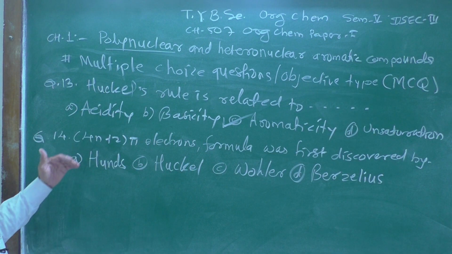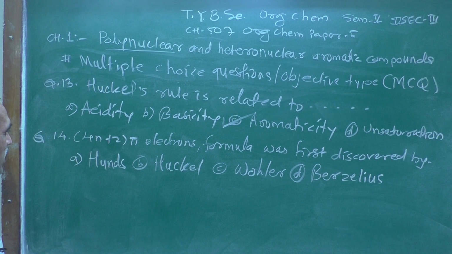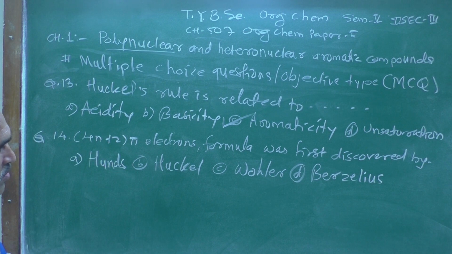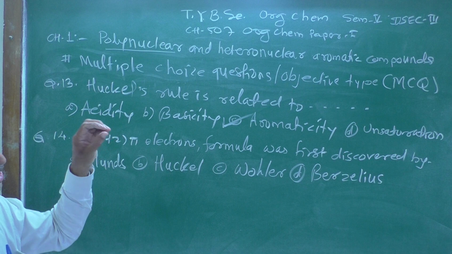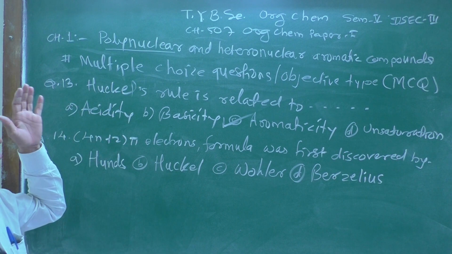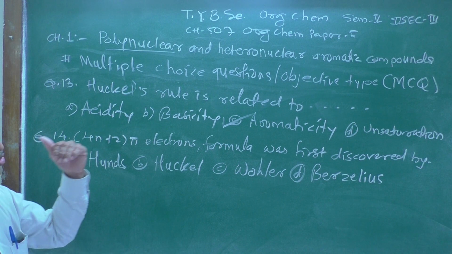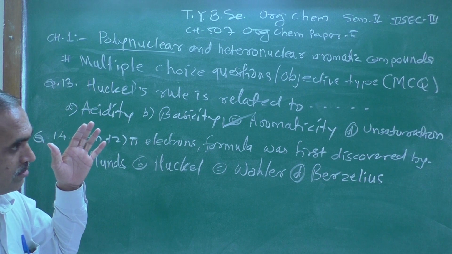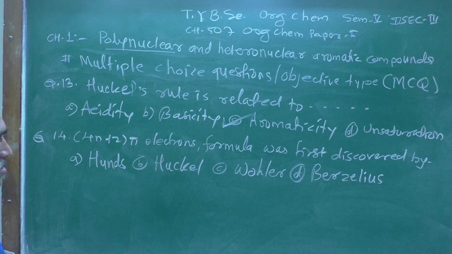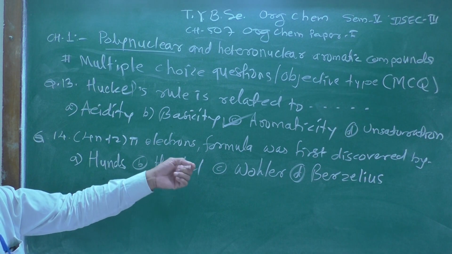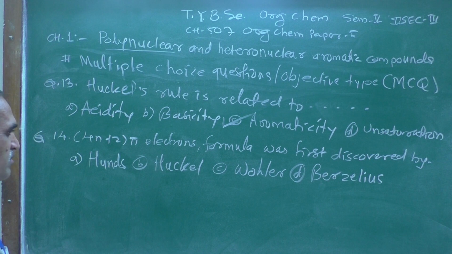Now let us move on to question number 14. The same 4n plus 2 pi electrons formula was first discovered or invented by whom? You have to remember the name of that scientist. Look here: Wundt, Huckel, Holar and Berzelius.